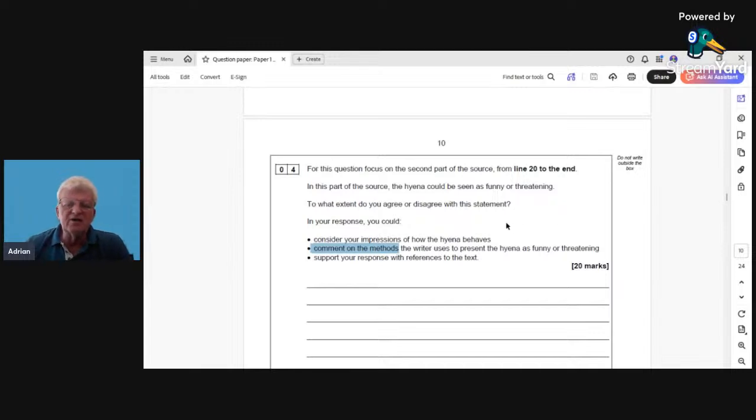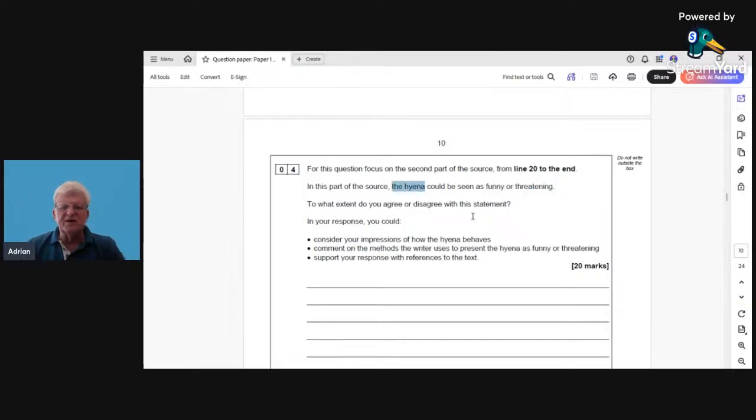And the way this is meant to be done is, comment on the methods the writers use to present the hyena as funny and threatening. So you need to find the evidence again. Every time you do a question like this, always link back to the question and really hone in on the key words, or the protagonist in this case, etc.